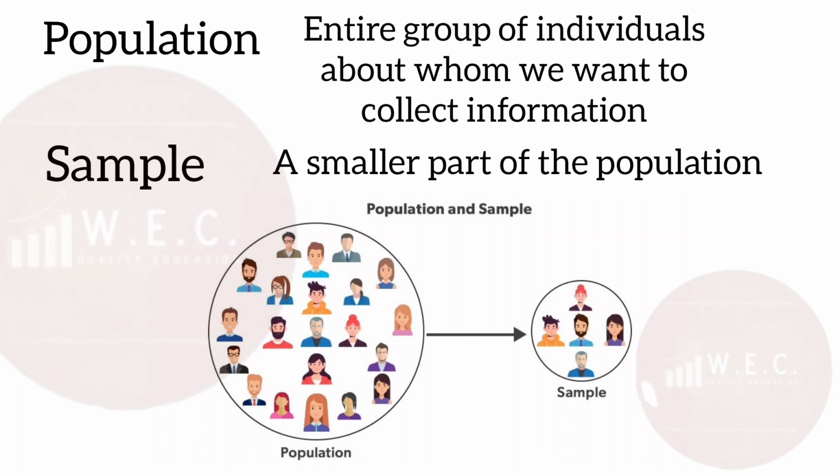So this 400 is the sample and the 40,000 is the population. If we make a survey over the entire group of individuals, that is, the 40,000 farmers, then it will be a complete enumeration or census. And if we survey only a smaller part of the population, or in our example, we survey those 400 farmers, then it will be a sample survey.